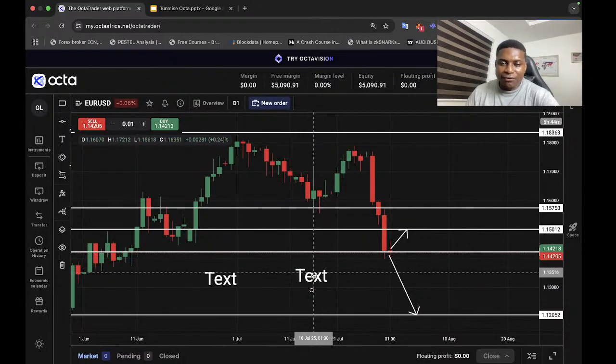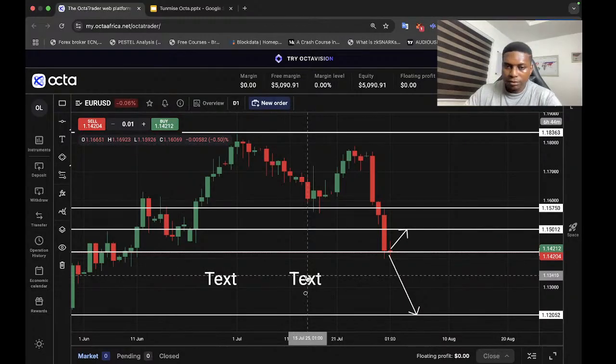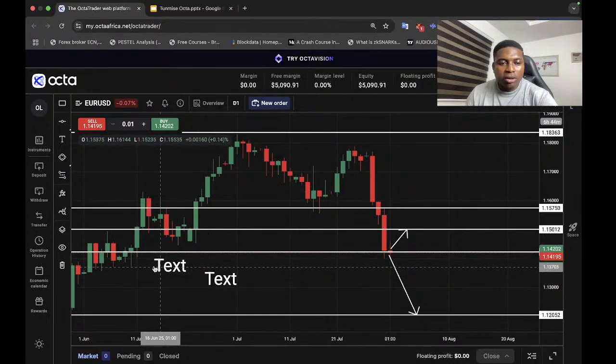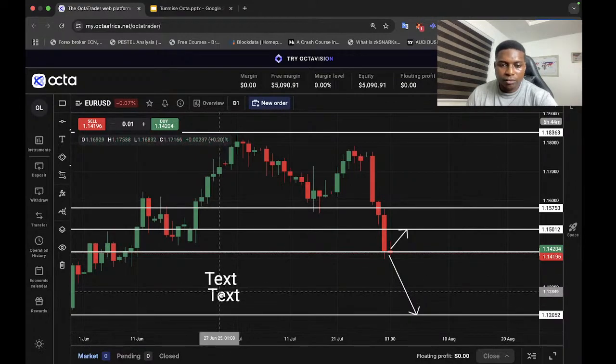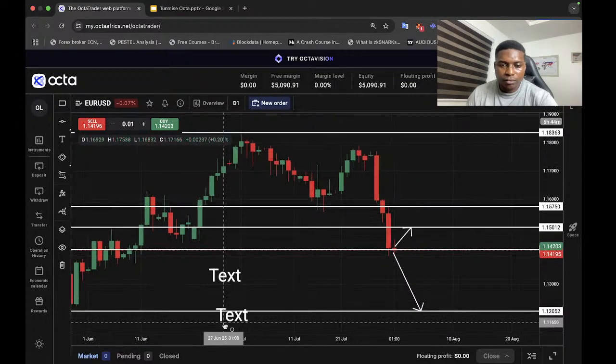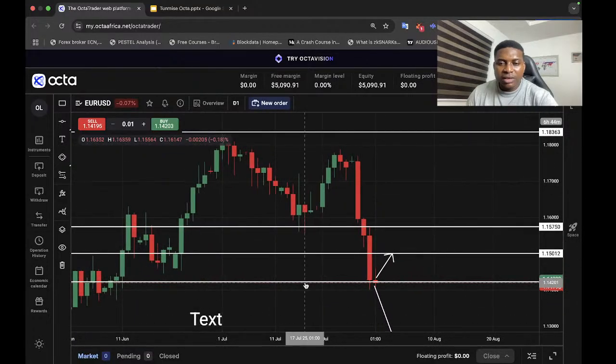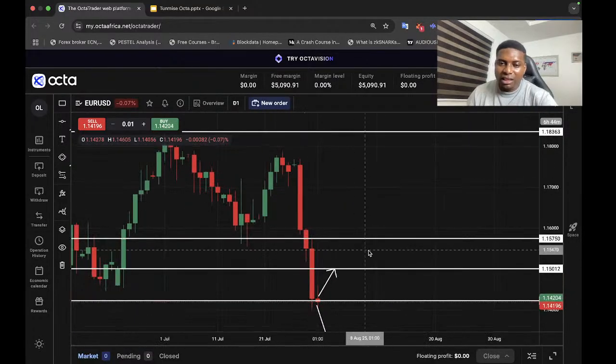The higher the time frame, the more significant the level. Akin Ajayi, drop the quote: the higher the time frame, the more significant the level.